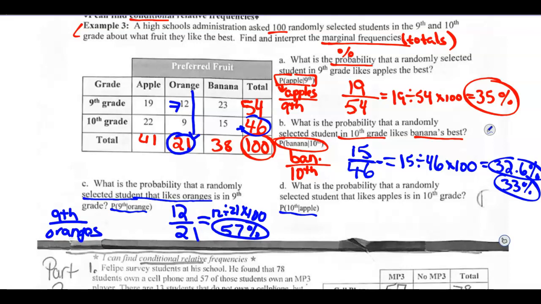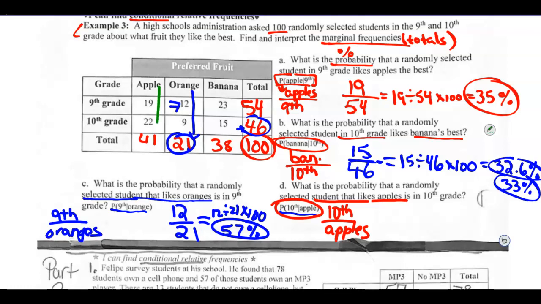Okay, and the last one, again, our probability. What is the probability that a randomly selected student that likes apples, students that like apples then is our total. So here's our hint. It's 10th graders over who likes apples. So, total that likes apples, I'm going to use my green.